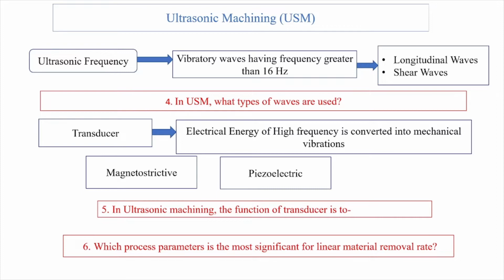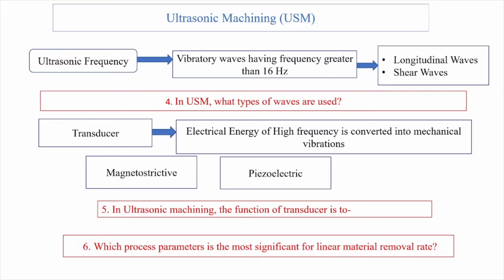Those two methods are mainly used in ultrasonic machining. Electrical energy of high frequency converts into mechanical vibration through a transducer, and then the mechanical vibrations are transmitted to abrasive particles in the slurry via an energy focusing device, which we call a horn or concentrator.